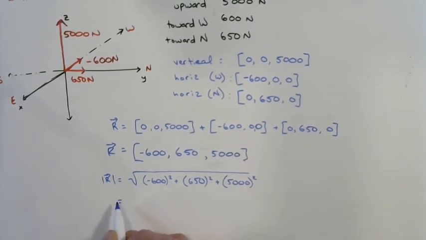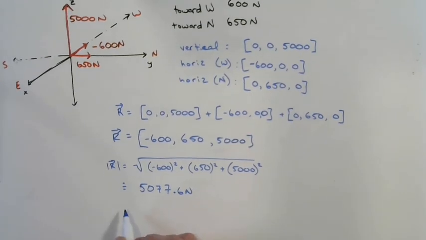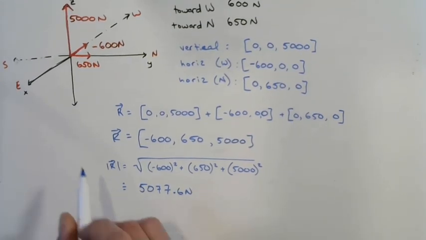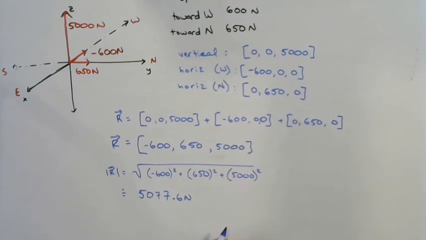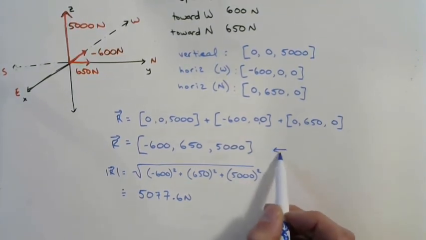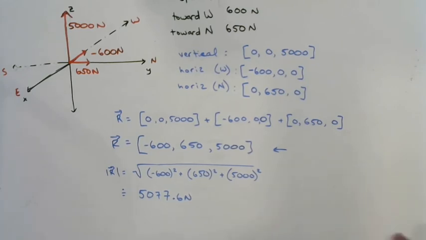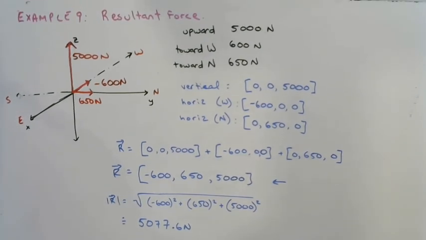When you work that out, you get approximately 5,077.6 newtons. Okay? So there is a force acting on the beam of approximately 5,078 newtons in this direction. Okay? Done.